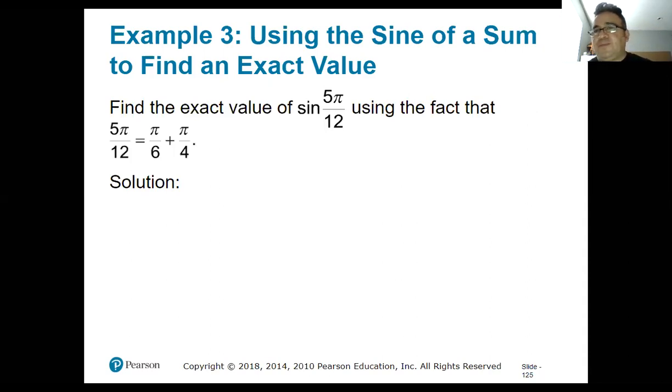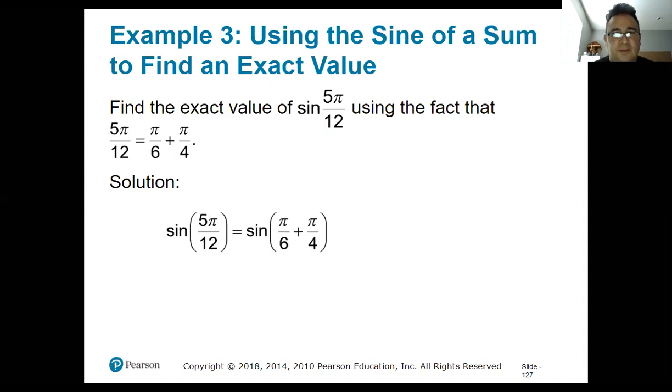Everybody good? Okay. So let's take a look. The sine of 5 pi over 12 is the same thing as the sine of the sum of those two terms, right? What we just saw is what the sine of alpha plus beta is.